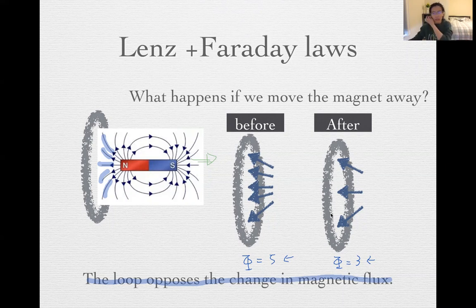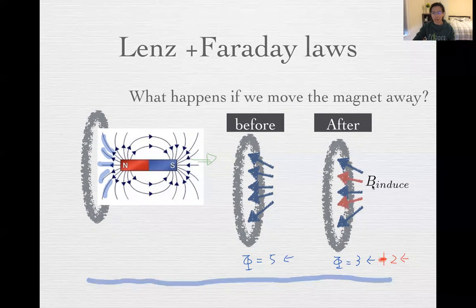If the ring feels like it's losing flux, it will be unhappy and try to keep its life the same as usual. So the ring will try to create 2 more magnetic flux to the left by inducing some extra magnetic field.